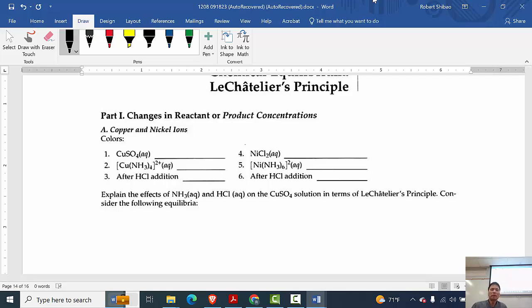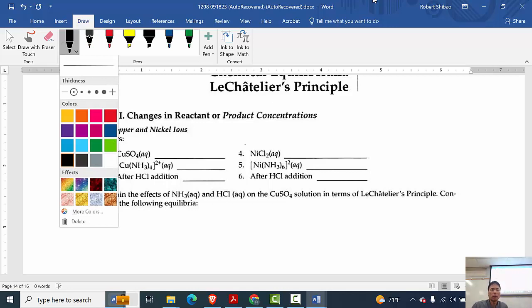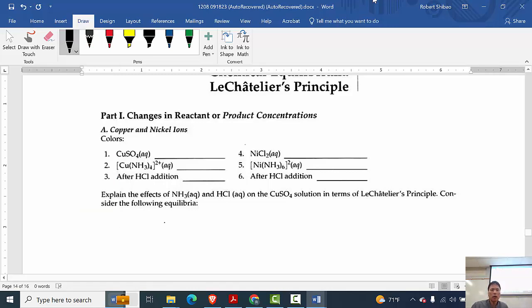So what we're going to do is some manipulation of the equilibria.